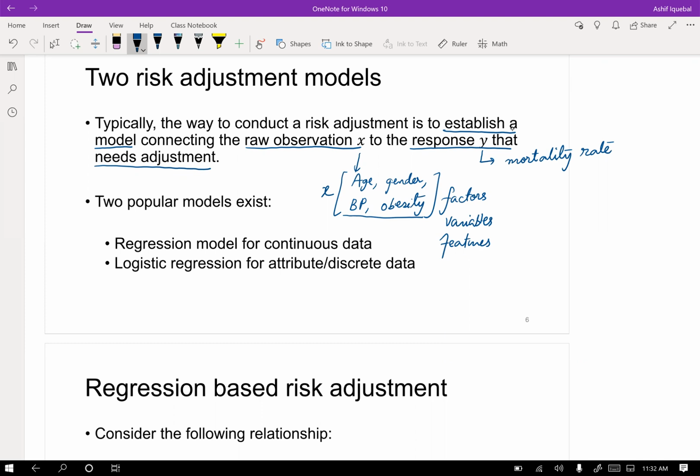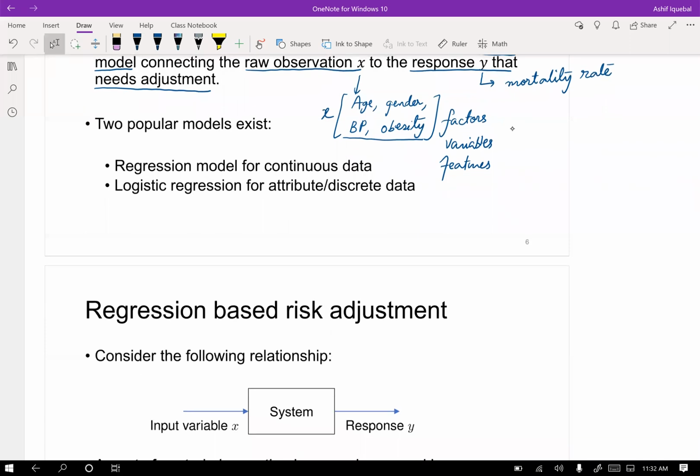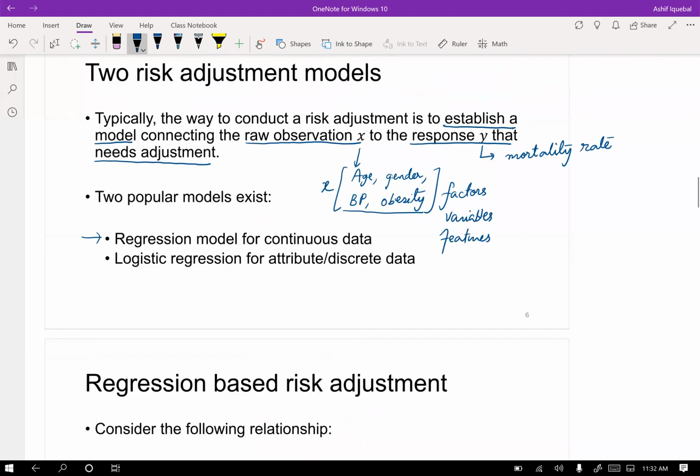Okay. All right. So today I think we'll only be able to cover the first topic, which is regression-based risk adjustment, because we'll first consider the continuous data. All right. Any questions so far?